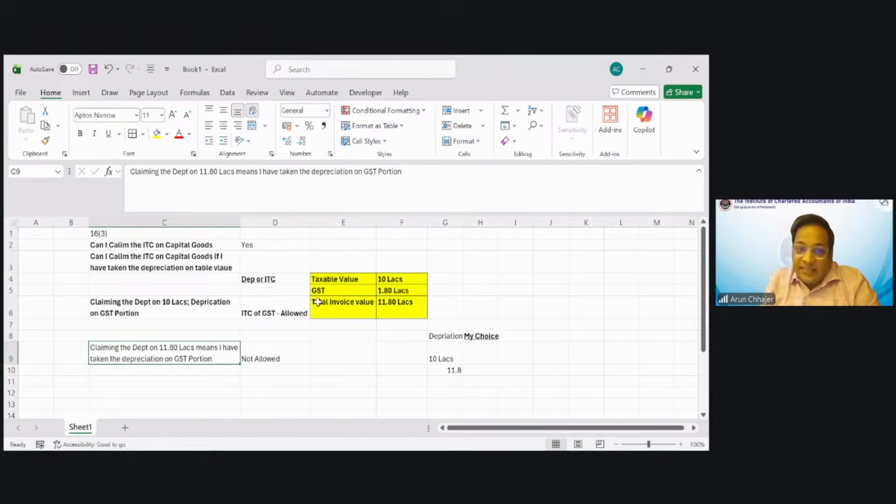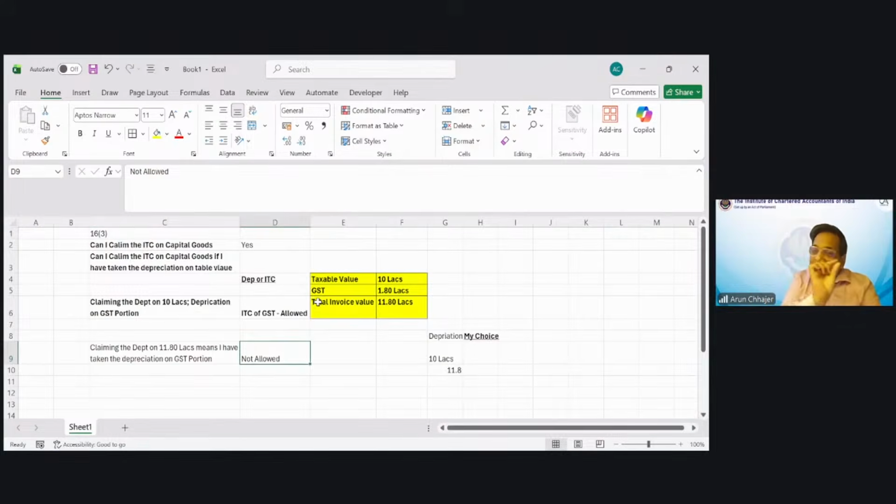Can I say that I have claimed depreciation on the GST portion also? Because only one thing is allowed: either claim depreciation on the GST portion or take the ITC of the GST portion. In that case, ITC of the GST is not allowed. Is that clear? Everyone is clear?